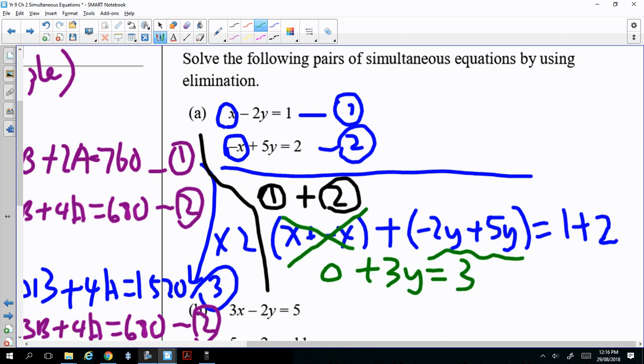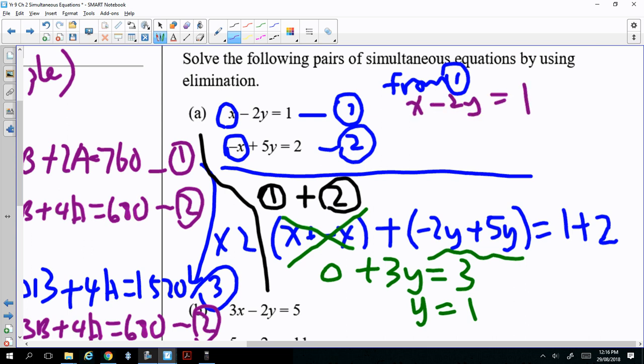That's called the elimination method. Now, once you get y equal to 1, how do I figure out x? You sub it back into either 1 or 2. You do the elimination before you do the substitution. So from 1, you get x minus 2y equal to 1. Now what's y equal to? 1.